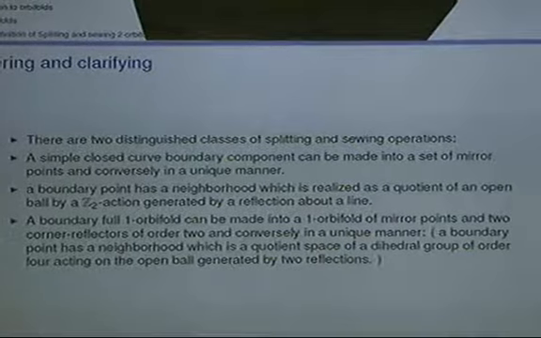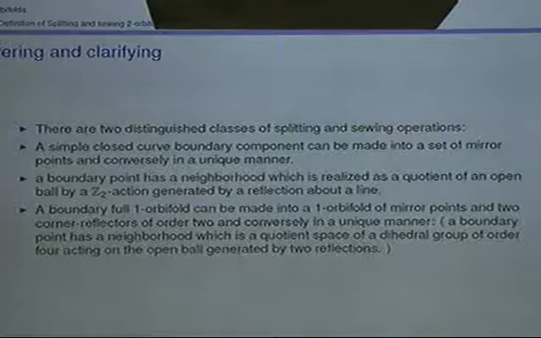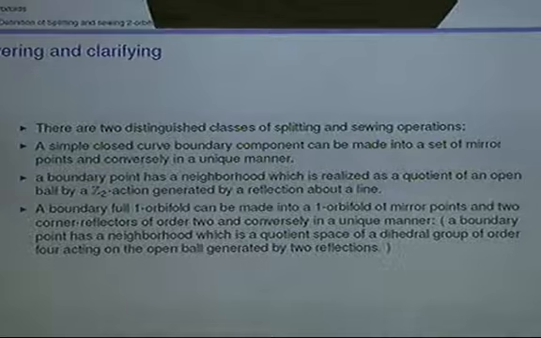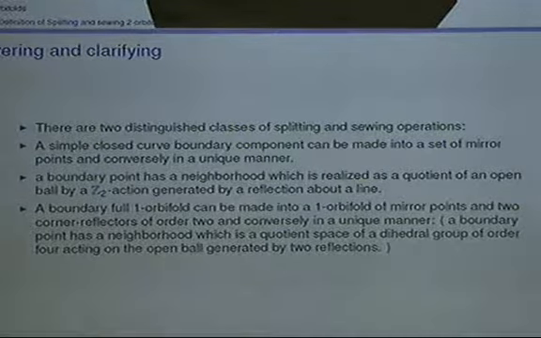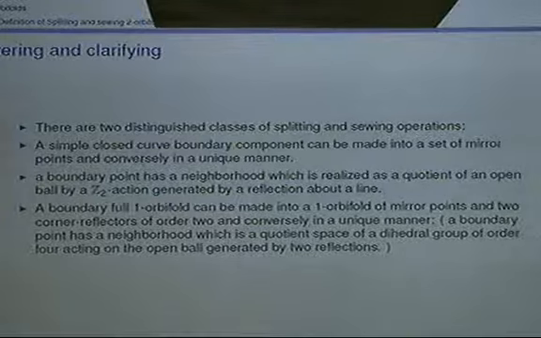And of course you can do it for boundary full orbifold here also. So for example, you have something like this, and this is silvered, then this is silvered. So this is a 1-orbifold with two mirrored boundary. Okay. So what I do is I have to now silver these. Suppose I silver it.